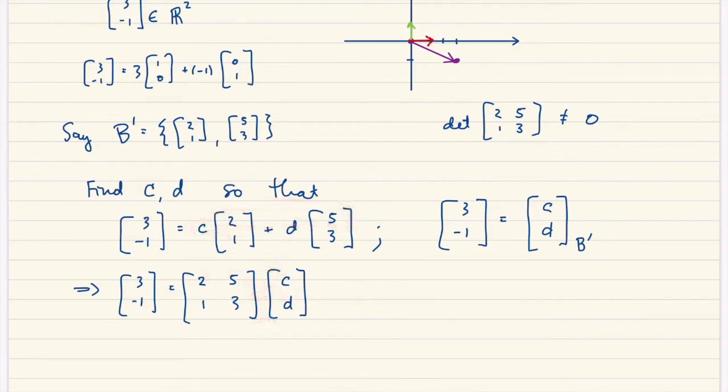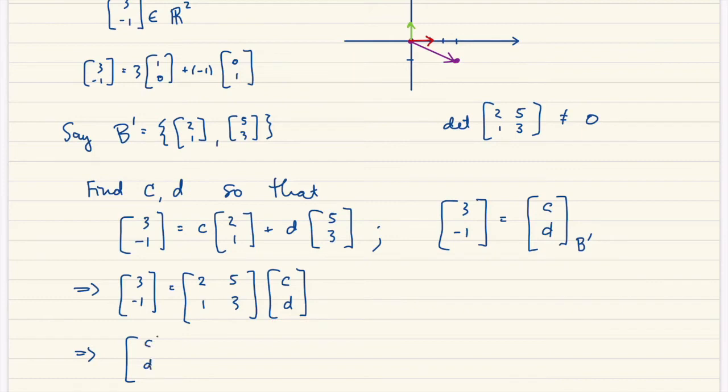And down here you get 1C plus 3D, which is again what you get there. That's equal to 3 and negative 1. So really this is just a new way to write that system, as a matrix. The reason we want to do that is that, just doing matrix algebra, we can solve for (C, D).